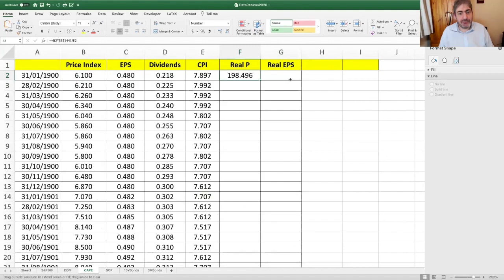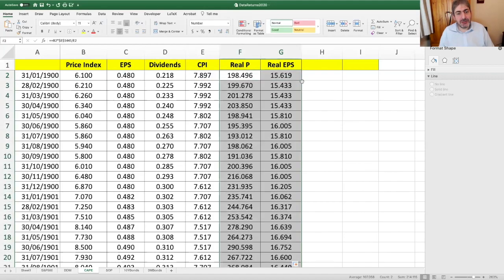And the same thing for the real EPS. The real EPS is the EPS in 1999 times the consumer price index today divided by the consumer price index in 1999. So that's simply the price adjustment.